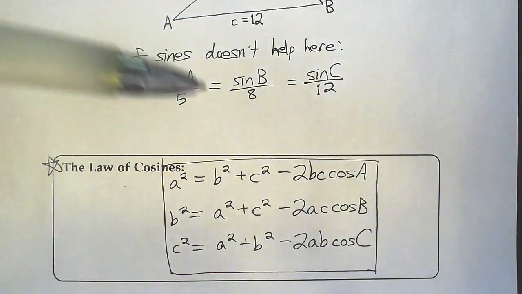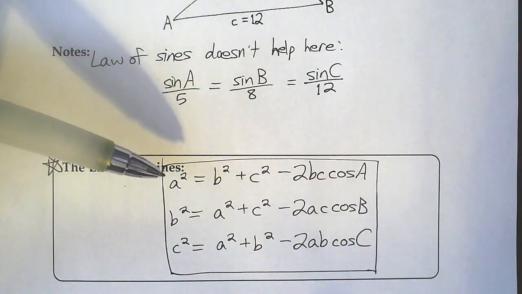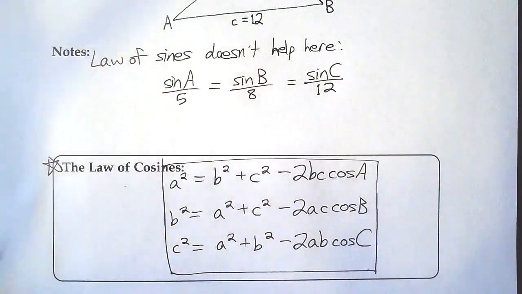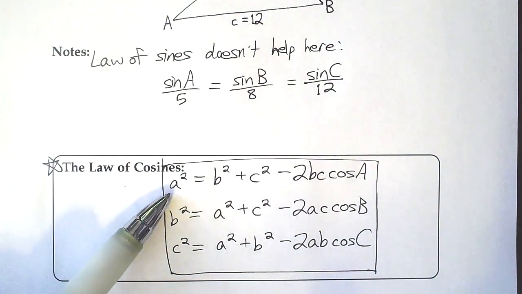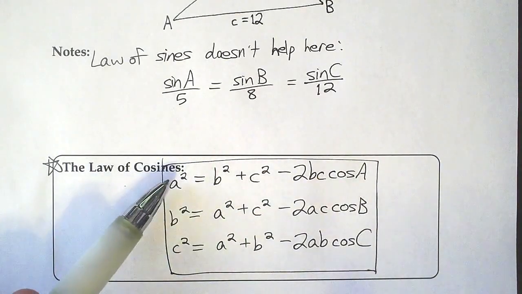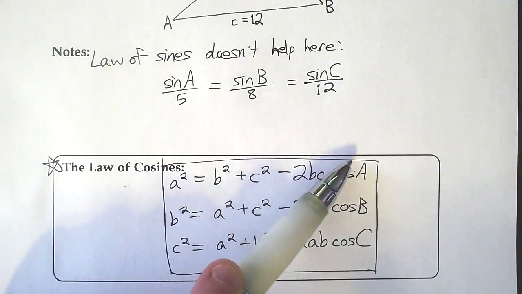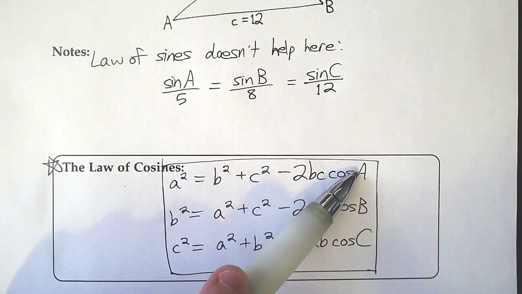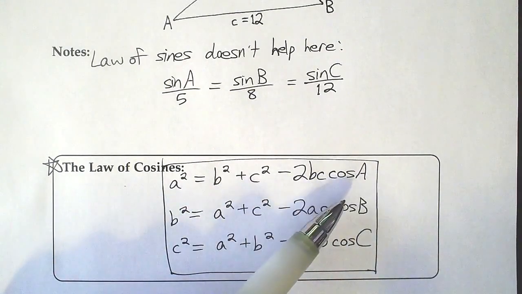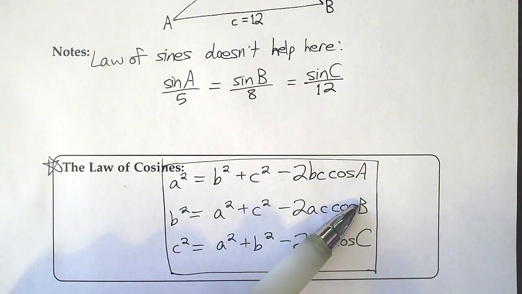Before we do any of that, I just want us to look at this and see, is there anything in this that could help us remember it? I do notice that all 3 of these have the same layout. This one starts with an a squared on the left, and the angle that we're working with is uppercase A. This one starts with a b squared, and the angle is uppercase B, right?